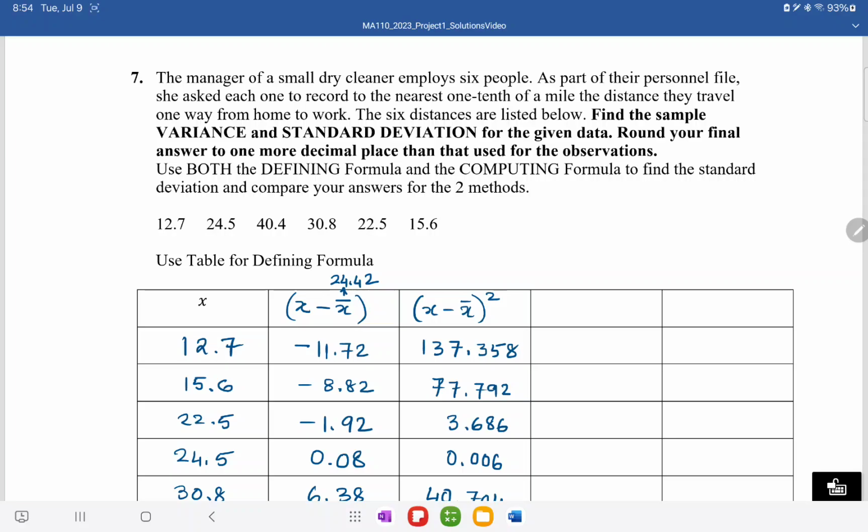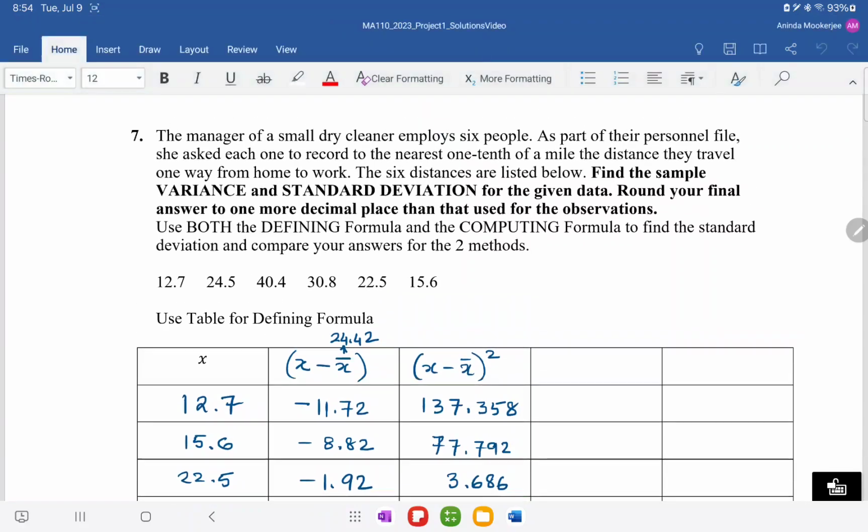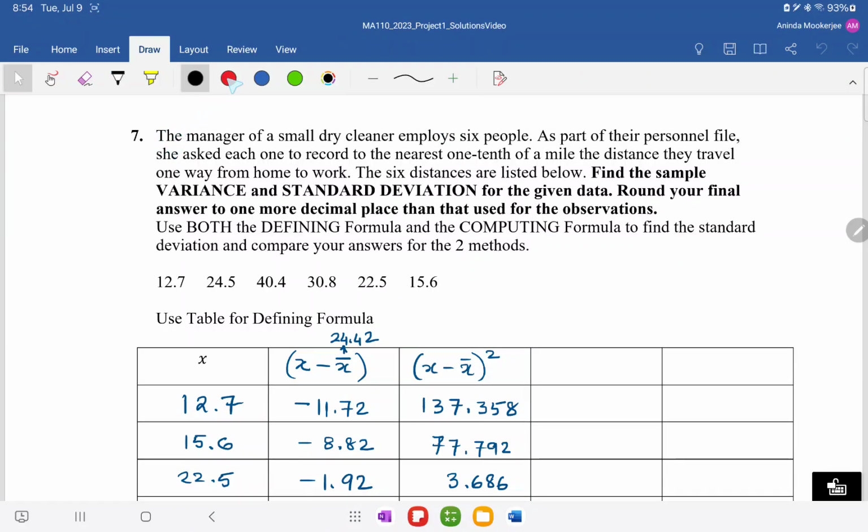Now, let's just go over what standard deviation is about. Standard deviation refers to the average deviation of individual values from the mean. So let me write that out here.